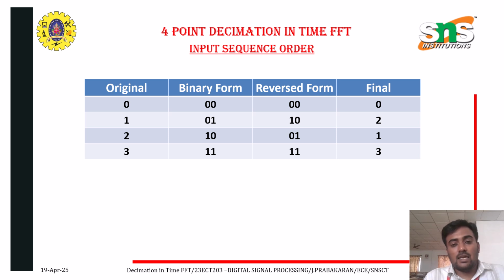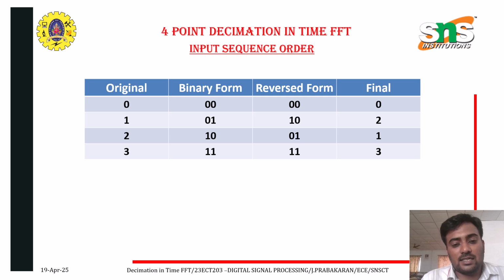This is how to calculate the bit reversal order. The original order is x of 0, x of 1, x of 2, x of 3, with index 0, 1, 2, 3. Its binary format is 00, 01, 10, 11.